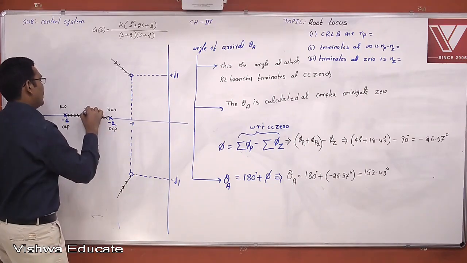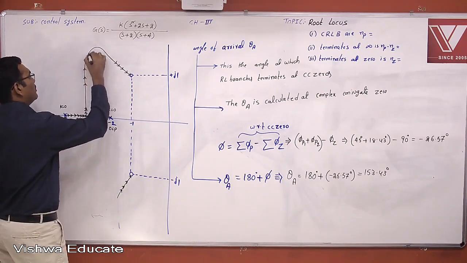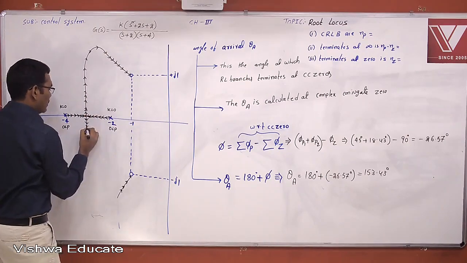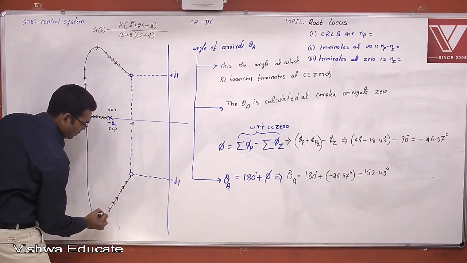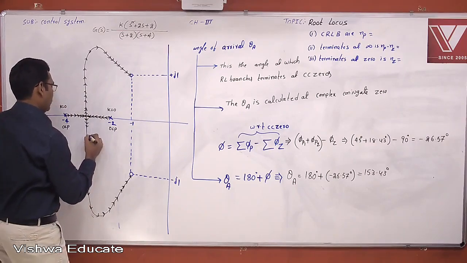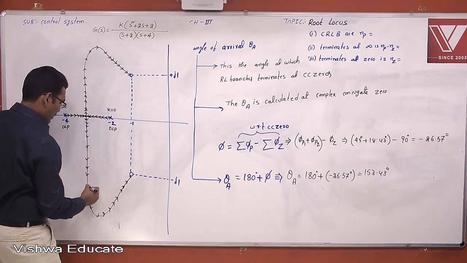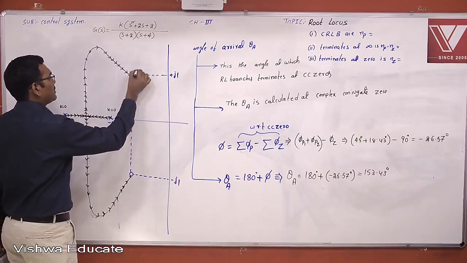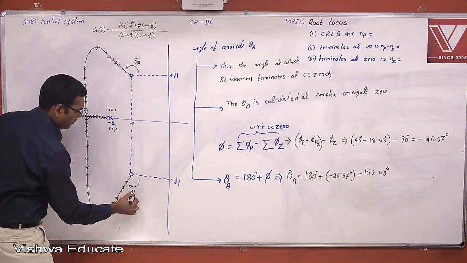Therefore, it leaves the real axis and terminates at the complex conjugate zeros. Now this is called the angle of arrival.